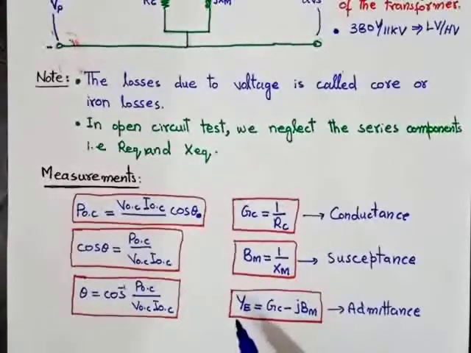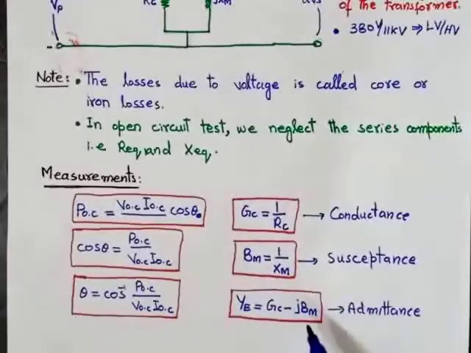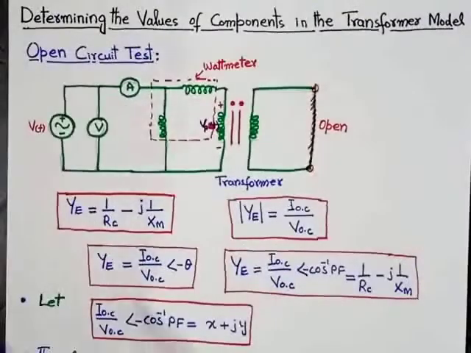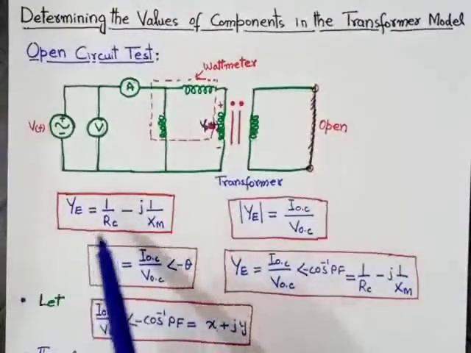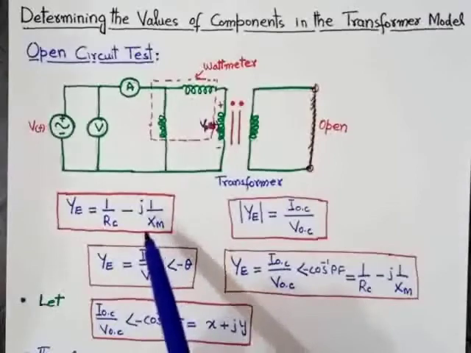It means the overall value of the admittance will be equal to 1 over Rc minus j 1 over Xm. Just putting the values of Gc and Bm from these 2 equations into this equation, we get Ye, that is admittance, equal to 1 over Rc minus j 1 over Xm.